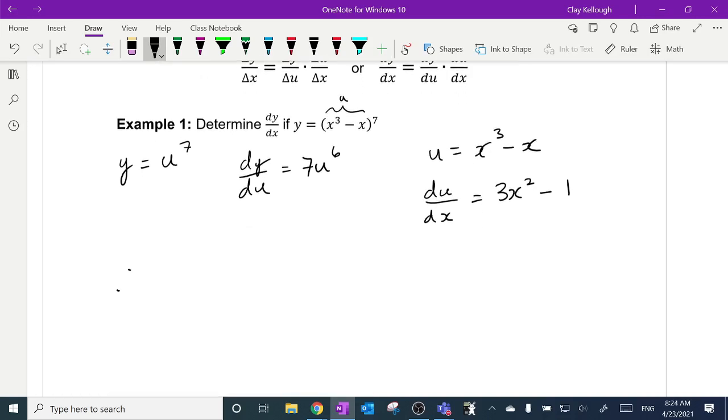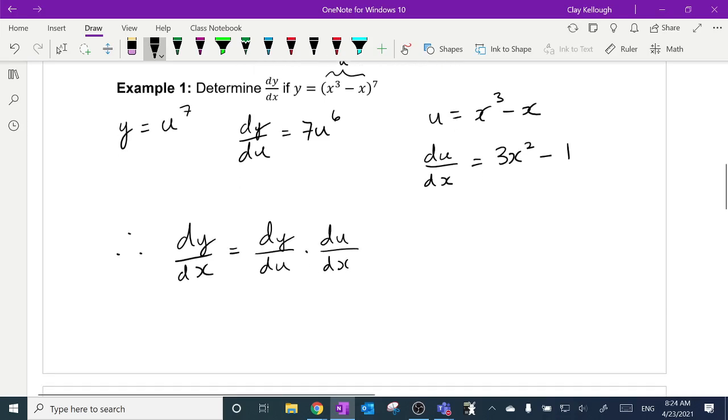So, according to the chain rule, the derivative of the original function y with respect to x is the derivative of y with respect to u times the derivative of u with respect to x, which works out to be 7u to the 6 times 3x squared minus 1.